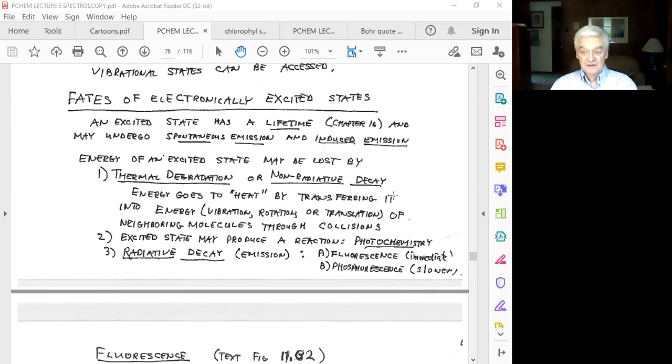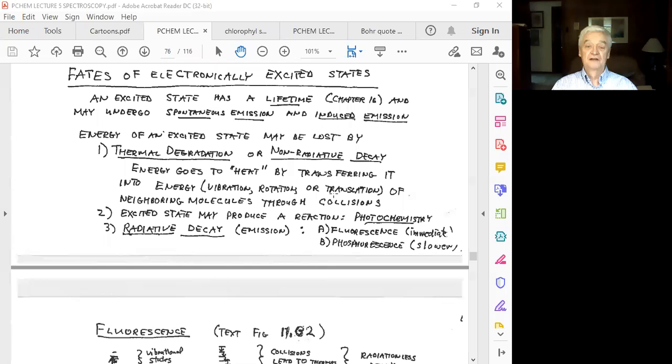And photochemistry, as we saw for plants, is very, very important, or we just would not have any botany to talk about.